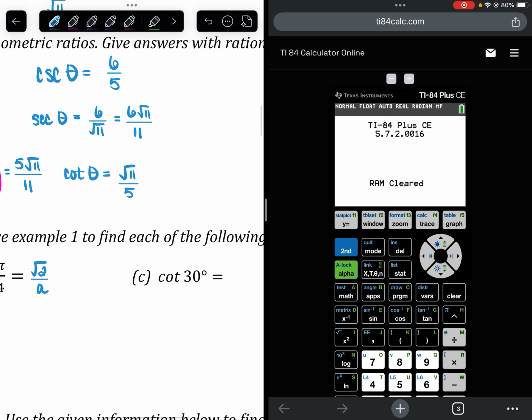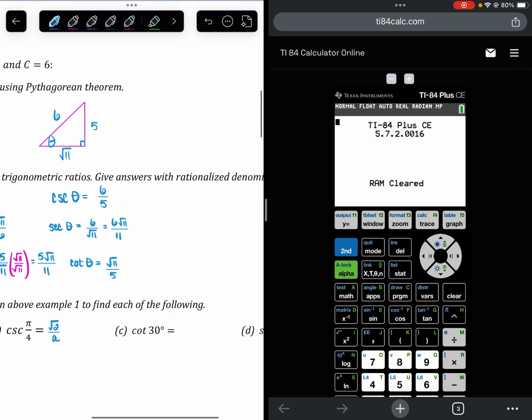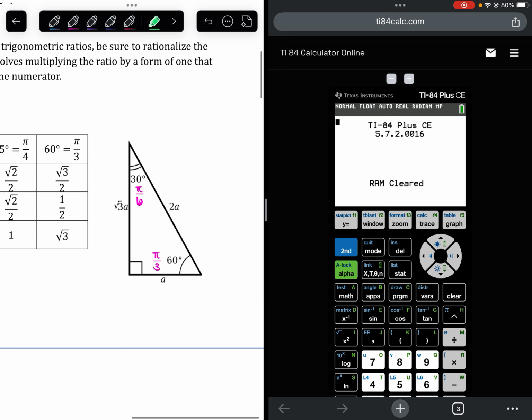Third one, cotangent of 30. We're talking about a 30-degree angle, so back up here to our triangles. The 30-degree angle is the top one, so we're focused up here now. Cotangent is the adjacent leg over the opposite leg. The adjacent leg to the 30 is the side length next to the 30-degree angle.